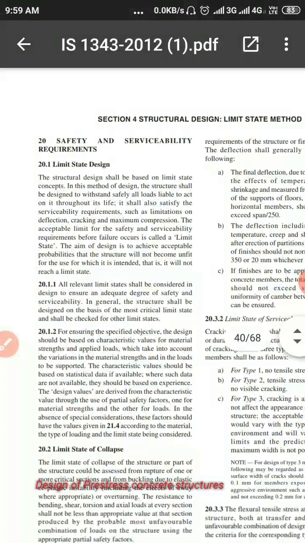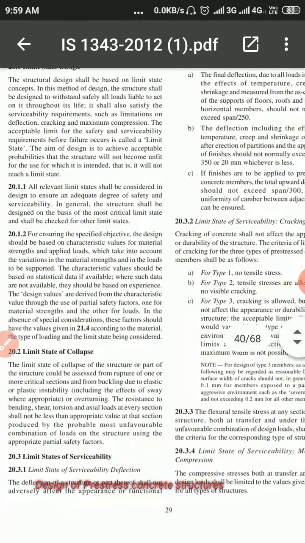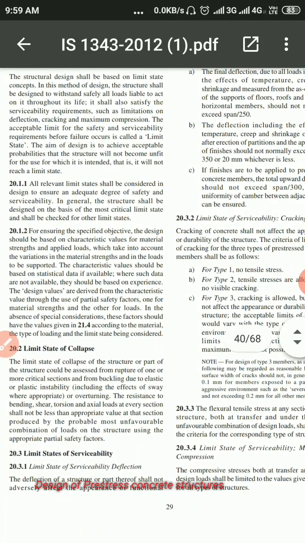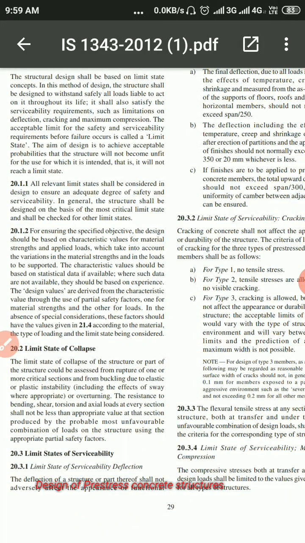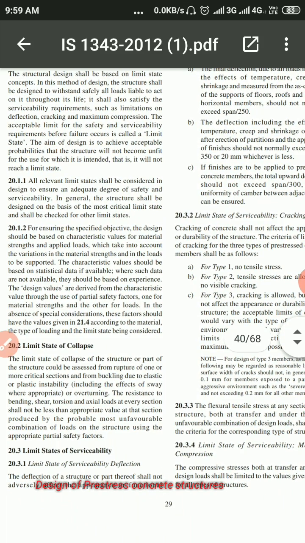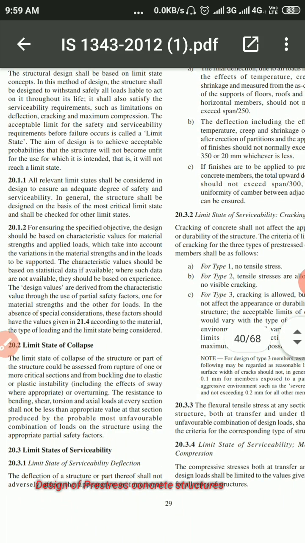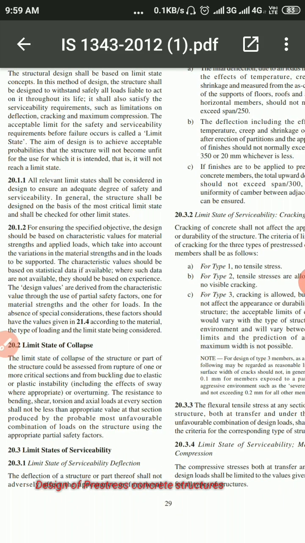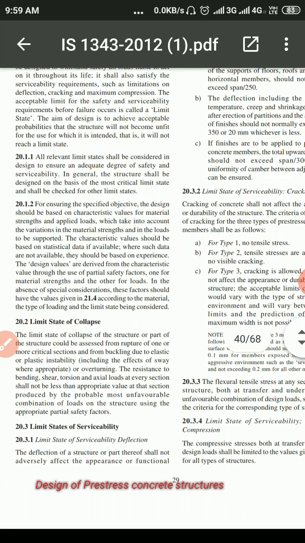And in that limit state we have 3-4 parts. We check the limit state of flexure and the limit state of collapse, that is shear. These are the criteria, and our prestressed concrete should satisfy all those requirements of higher load, higher moment or higher stress.